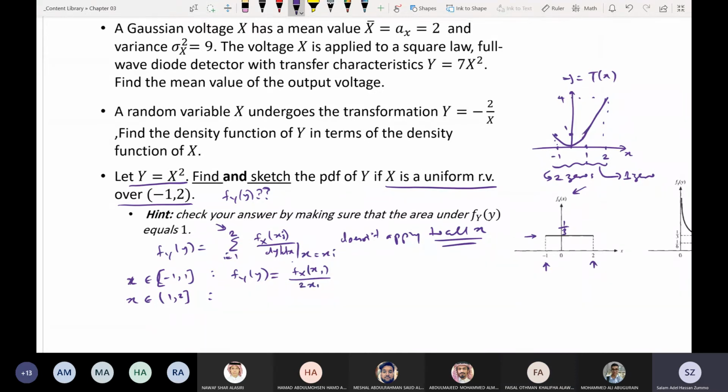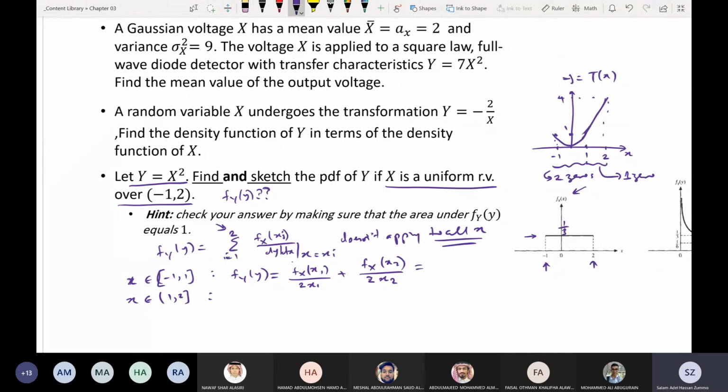And this is 2x1, plus fx of x2 divided by 2x2, right? What is the value of dy dx again? It's 2x over, you have 2x2, right?